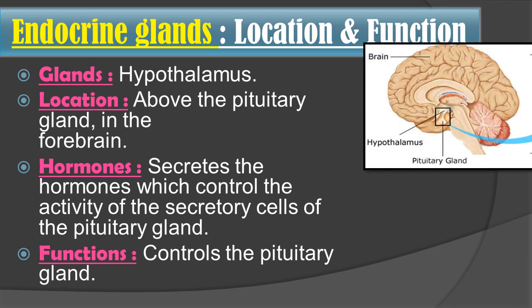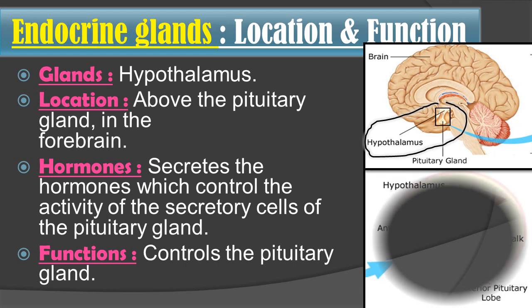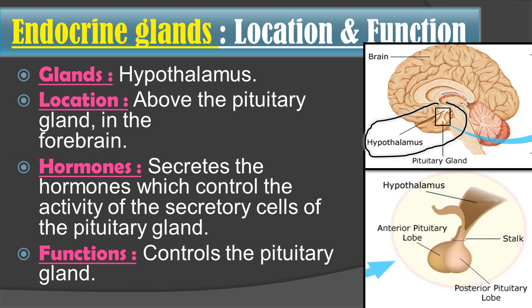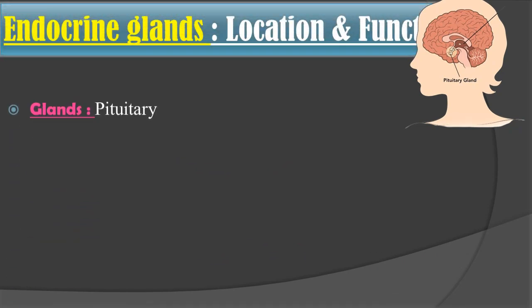Here you can observe the hypothalamus, which is present above the pituitary gland and below the forebrain. Here is a proper picture of the hypothalamus gland, which secretes the hormones and controls the pituitary gland.